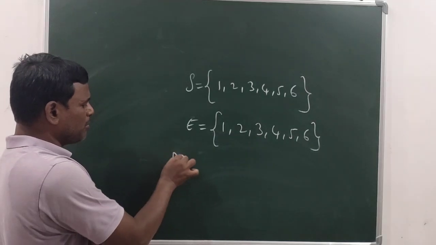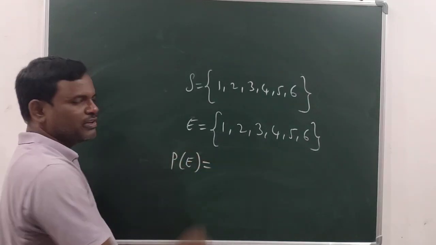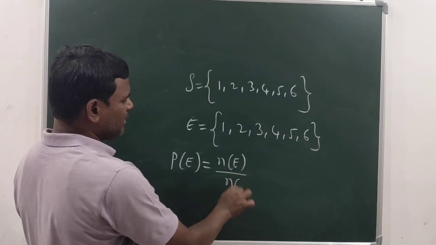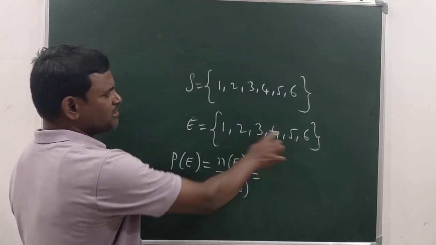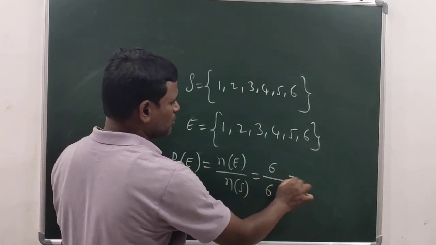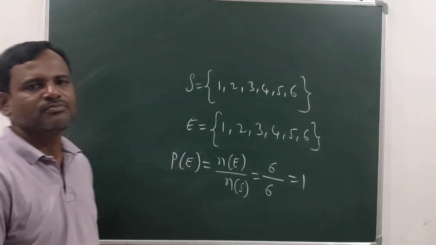Now find whose probability? P of E, which is equal to N of E by N of S. N of E means the number of elements in the event, 6, by the total number of elements, 6. Both of them cancel, the result is 1.